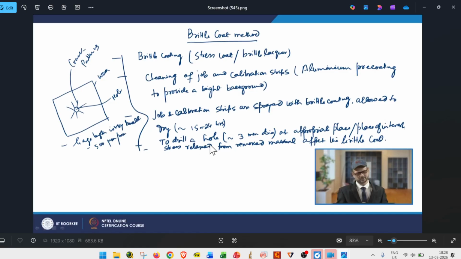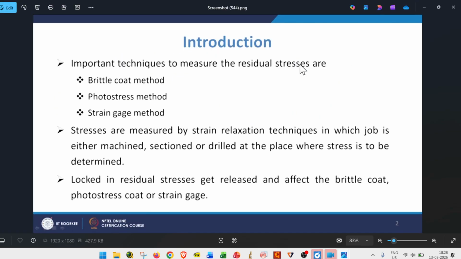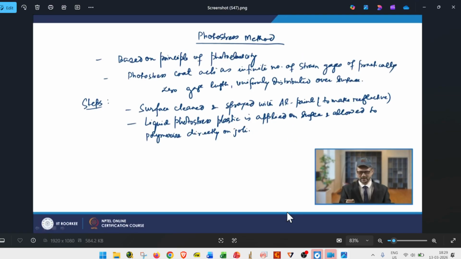This is called the brittle coating method. Similarly, the photo stress method is similar to that one, but instead of the brittle coating, we put a polymeric coating which reflects polarized light. Based on the fringes we can see on the visual screen, we can find out what kind of stresses are present there.